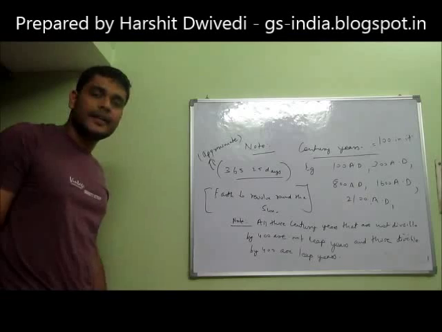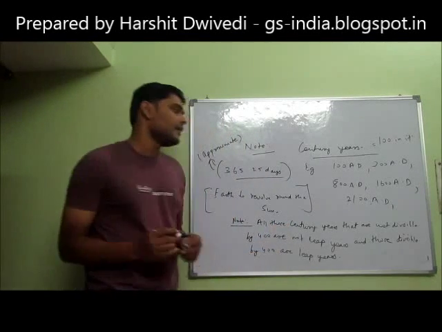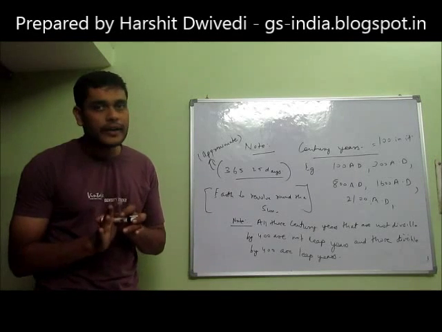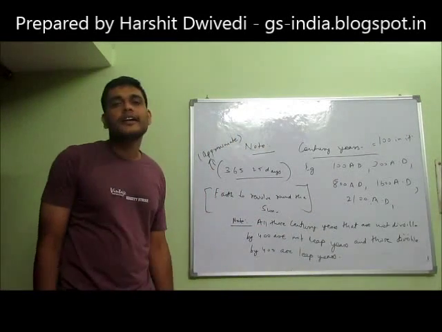This is a note, keep this in your mind. All those century years that are not divisible by 400 are not leap years, but all those century years that are divisible by 400 are leap years.